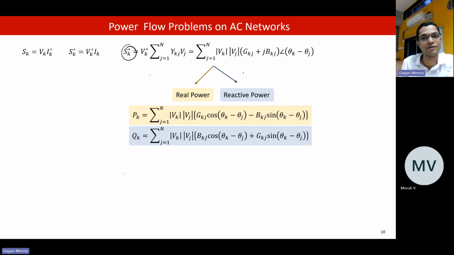This is one of the ways we can write it. We can write it in rectangular coordinates also. In that case, we will convert these voltages into A plus jB form. And this is the polar representation.